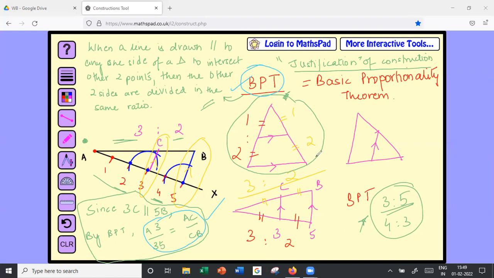Ma'am, is a rough diagram compulsory? Because in our school, sir said we need to draw it with every question. I don't think so, because this is a simple construction.